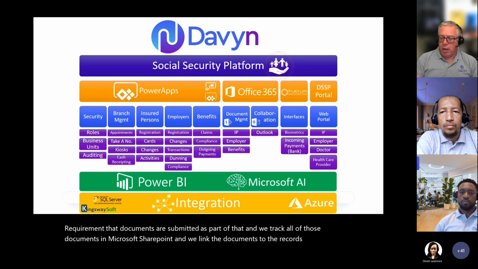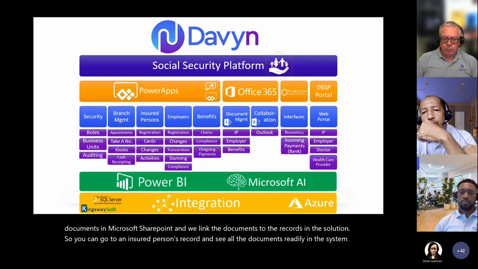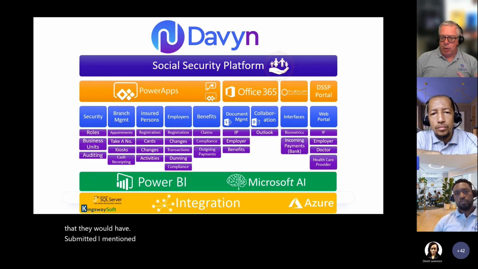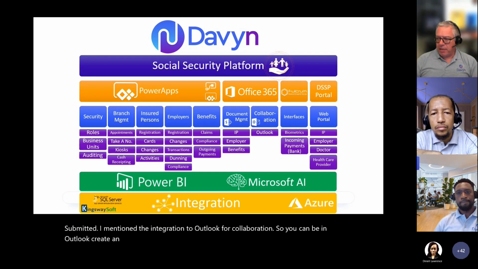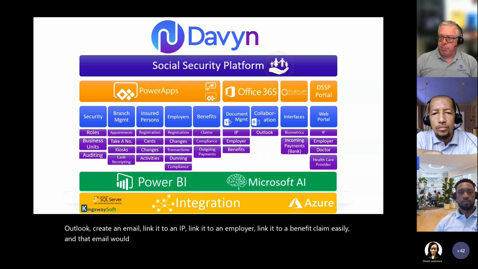So you can go to an insured person's record and see all the documents they would have submitted. I mentioned the integration to Outlook for collaboration. So you can be in Outlook, create an email, link it to an IP, an employer, or a benefit claim easily, and that email would go onto the timeline and be visible within the application.